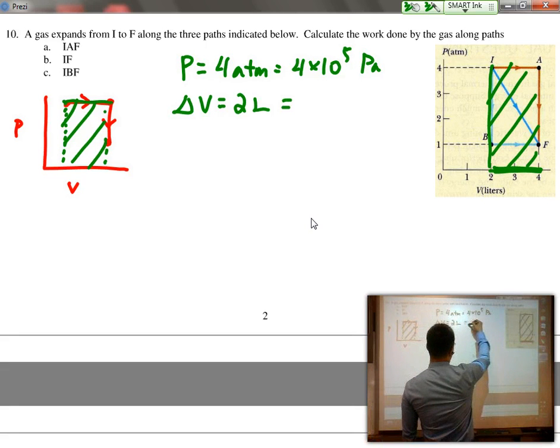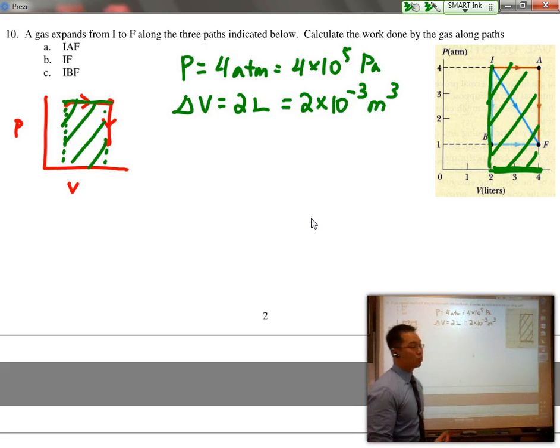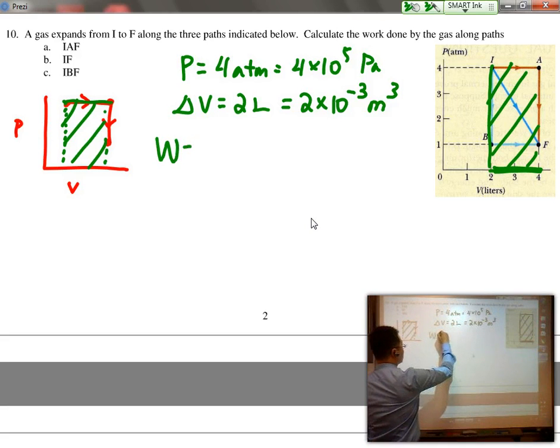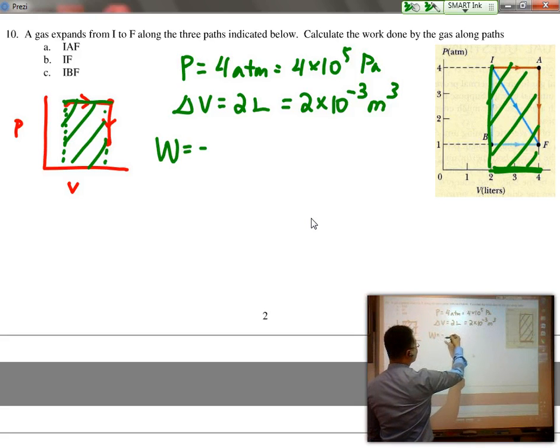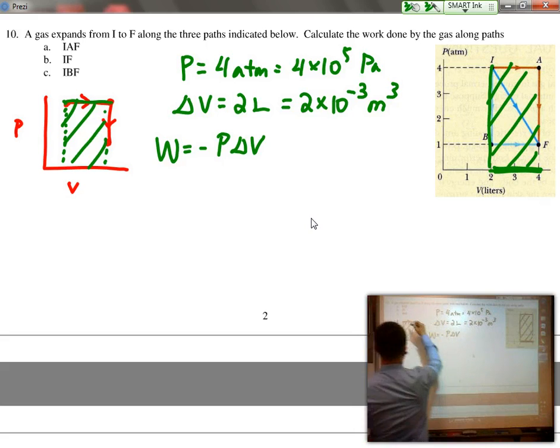So this is really 2 times 10 to the negative 3rd meters cubed. So if I'm looking for how much work was done, work is equal to negative P delta V. I'm allowed to use the formula in this case because I do have a constant pressure for that first line.